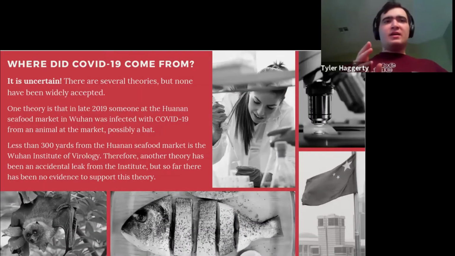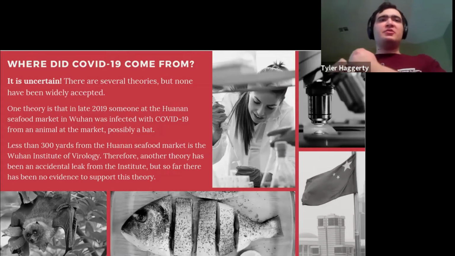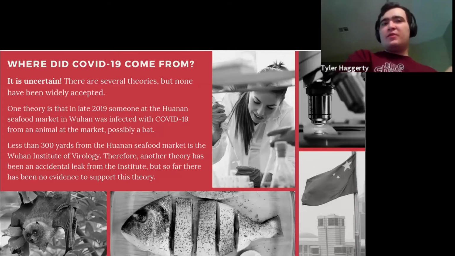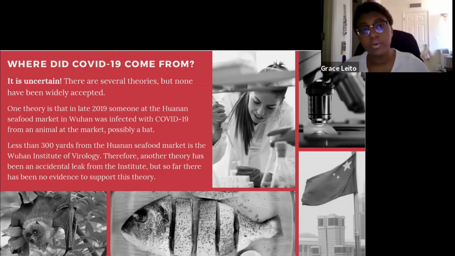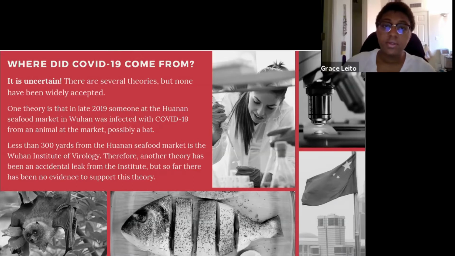So, where did COVID-19 come from? It's uncertain. There are several theories, none of which are widely accepted. The main one that you've probably heard is that in late 2019, someone at the Huanan seafood market in Wuhan was infected with COVID-19 from an animal at the market, possibly a bat.